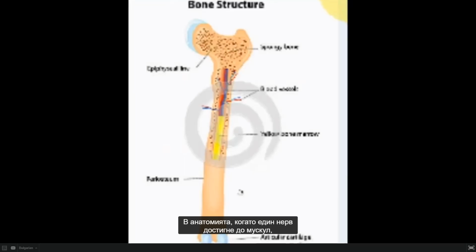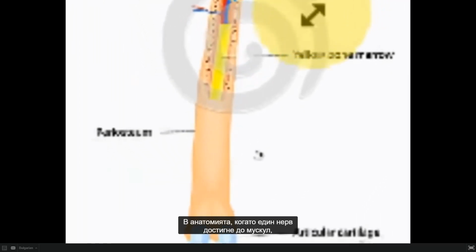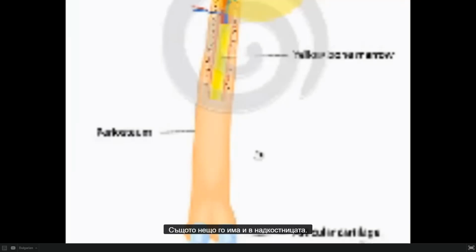I mean, in anatomy we call it when some nerve reaches the muscle or the bone or some other tissue, they make something like buttons. When some chemical elements come from nerves, the function of this chemical element is to activate the muscles or to stop the function of the muscle. They go through this conjunction between the nerves and the muscle. The same thing exists in the periosteum also.